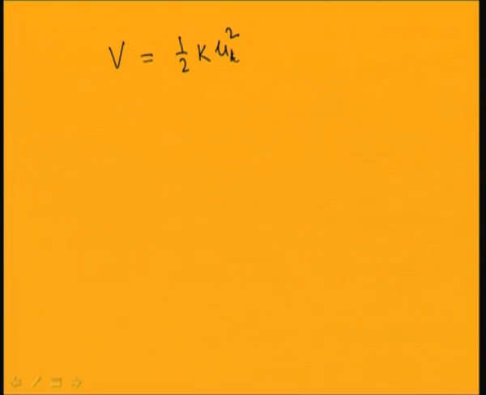So let us take this u_L with time equal to a cos omega t. So u_L maximum will be equal to a.